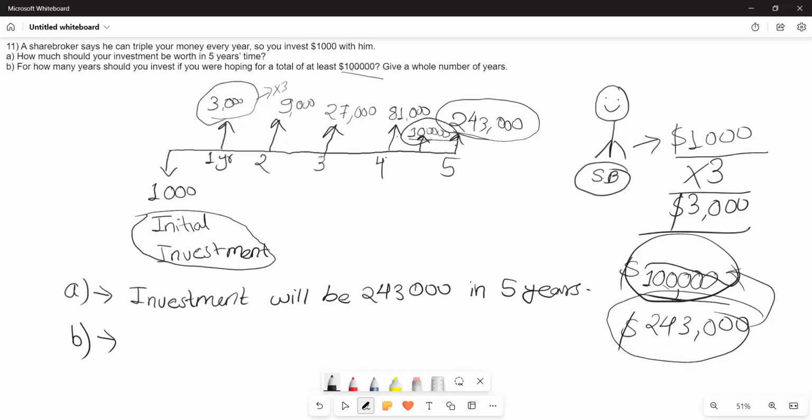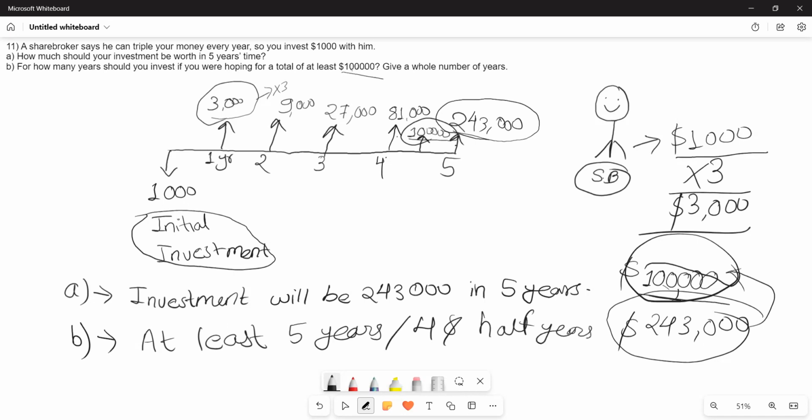Okay. So for question number B, the answer is at least 5 years or 4.5 years. You can write either one of the two.